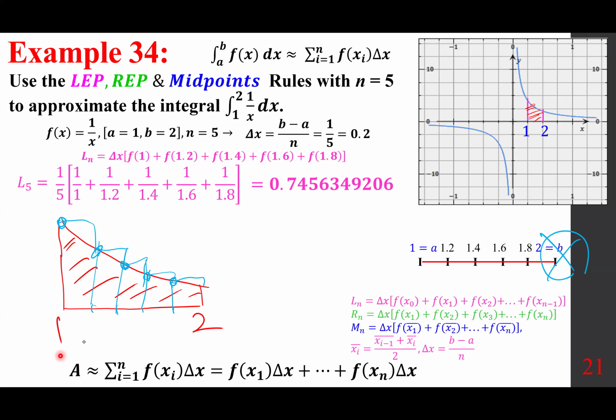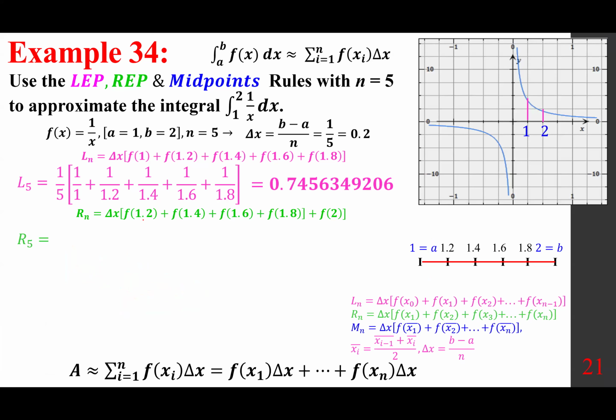For the right endpoints, I don't use this one. So R5, why R5? Because you're using the right endpoints, and there are 5 of them. So it's delta x times, let me erase my work, delta x times f of 1.2, f of 1.4, all of them except f of the first point.